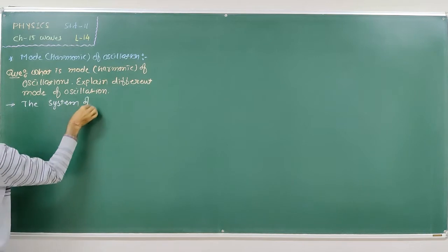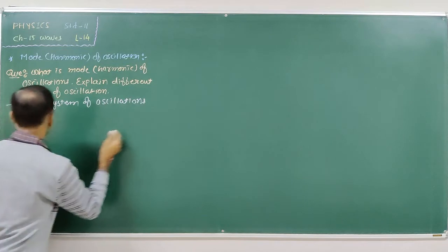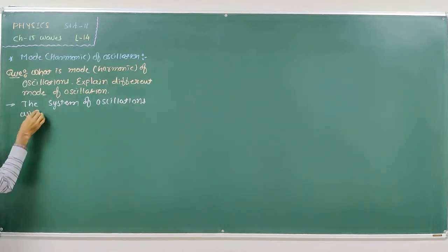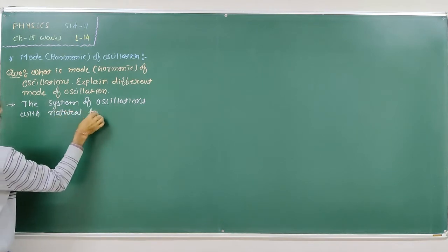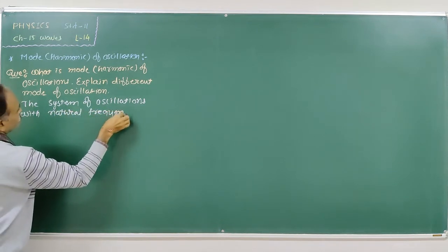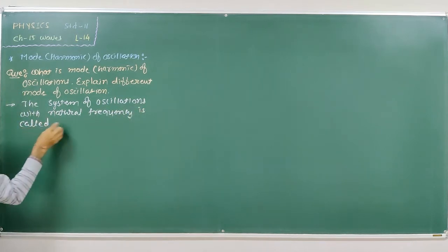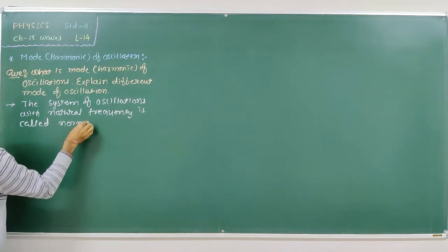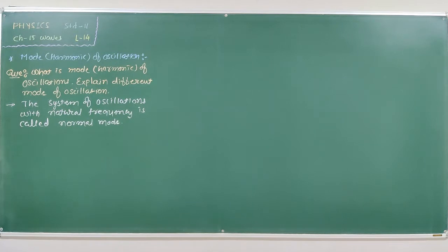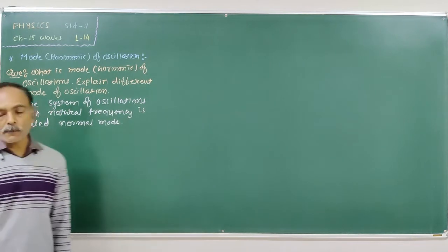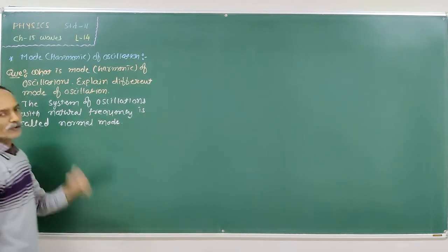The system of oscillations with natural frequency is called normal mode. Again, the definition is that the system of oscillation with natural frequency is known as the normal mode.